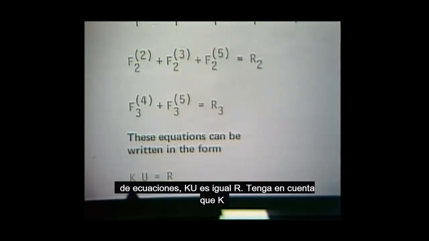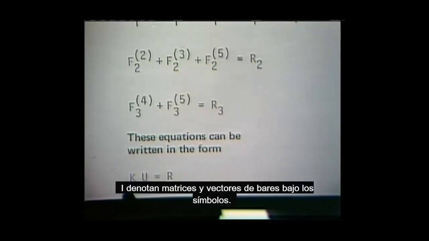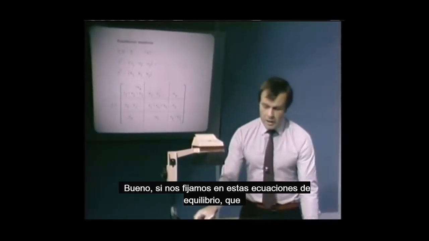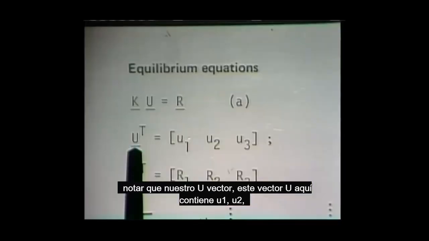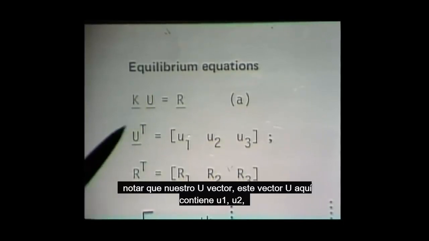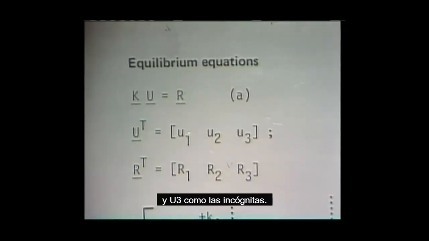Notice that K now is a 3 by 3 matrix, U is a 3 by 1 vector, R is a 3 by 1 vector. I denote matrices and vectors by bars under the symbols. As you can see here, there are bars under these symbols. Well, if we look at these equilibrium equations, we notice that our U vector, this vector U here, contains U1, U2, and U3 as the unknowns.